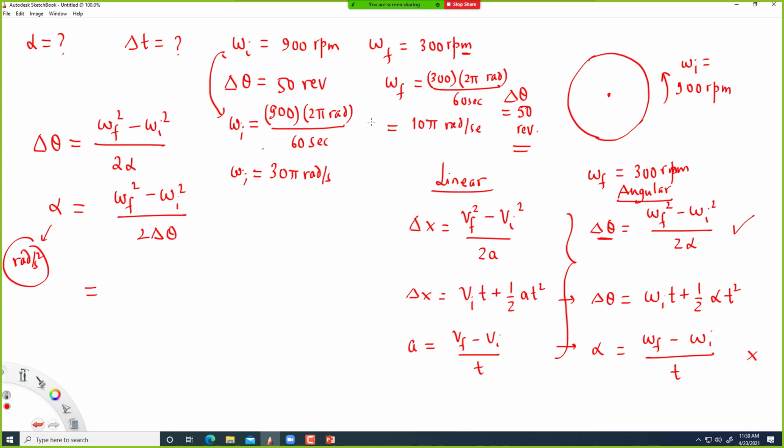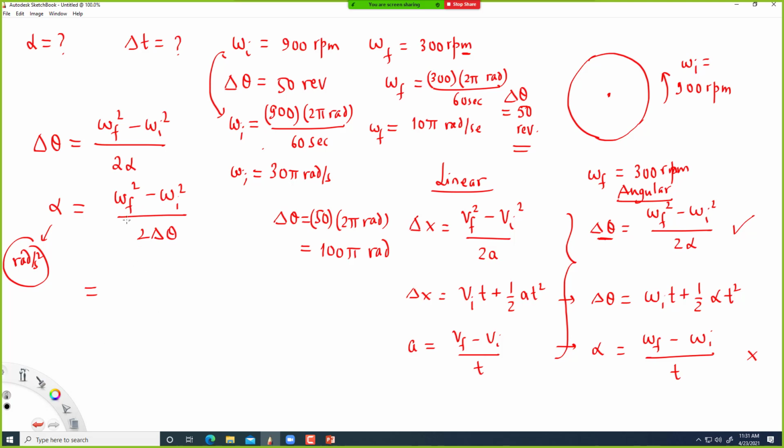That's omega f. Same thing we can do with delta theta. So delta theta is 50 times, in 1 revolution there is 2 pi radian, so that is 100 pi radian. We want to convert everything to radian and second.